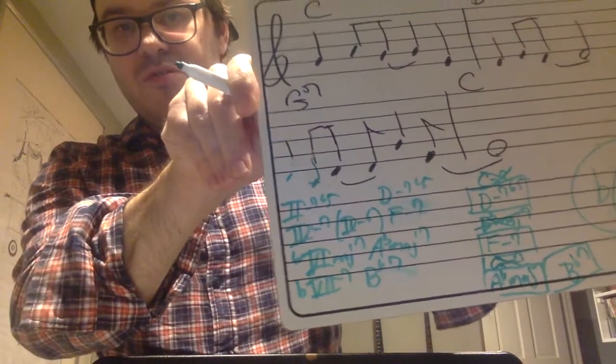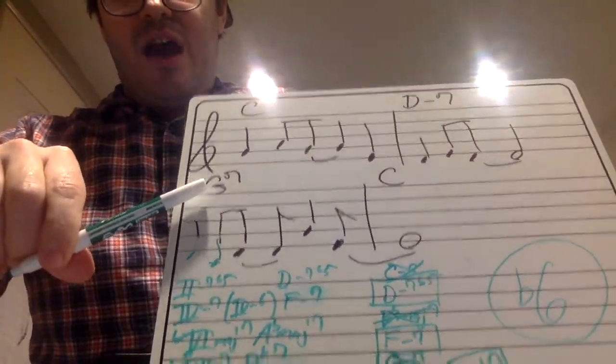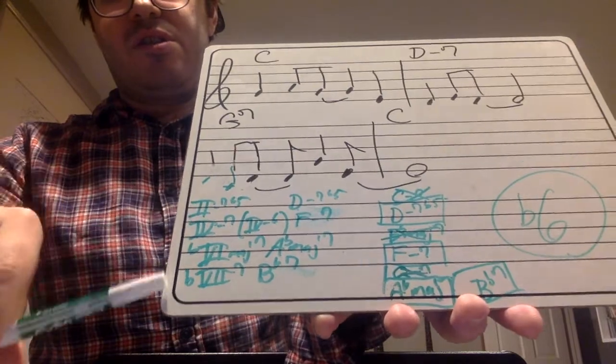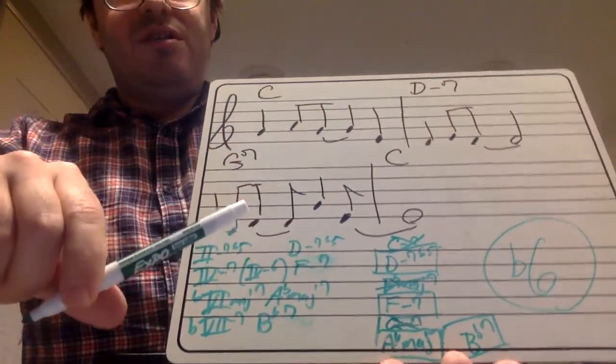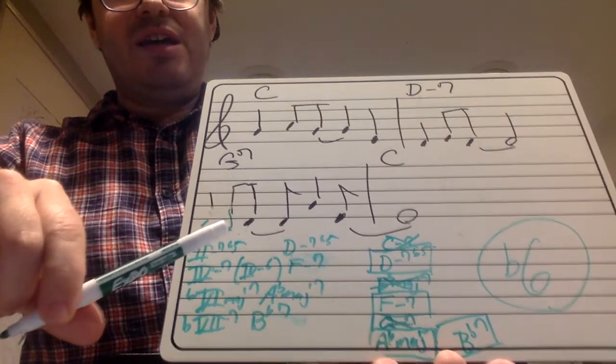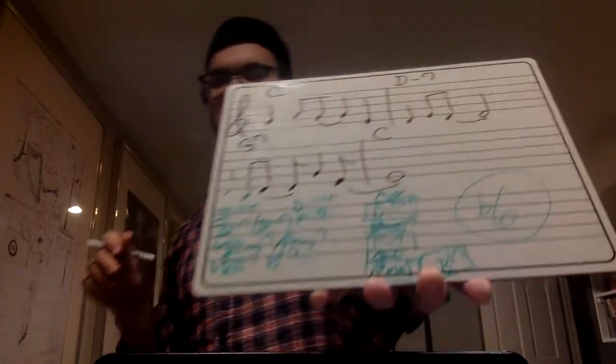What I'm going to do is, in place of G7, I'm going to try all of these chords. Instead of G7, I'm going to try all of the different options. So you have those in front of you.